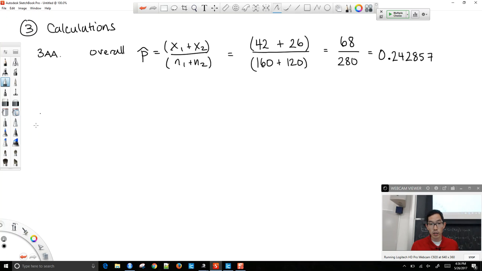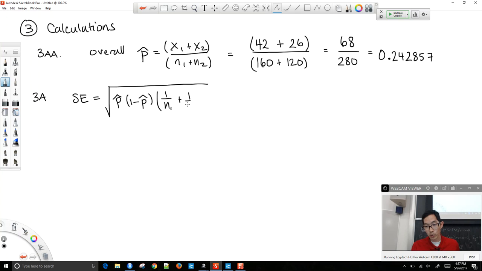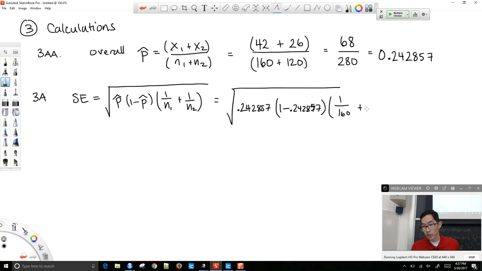And then now I get my standard error. The standard error is given by the formula the square root of P hat times 1 minus P hat times 1 over N1 plus 1 over N2. So this is going to be the square root of 0.242857 times 1 minus 0.242857 times 1 over 160 plus 1 over 120.